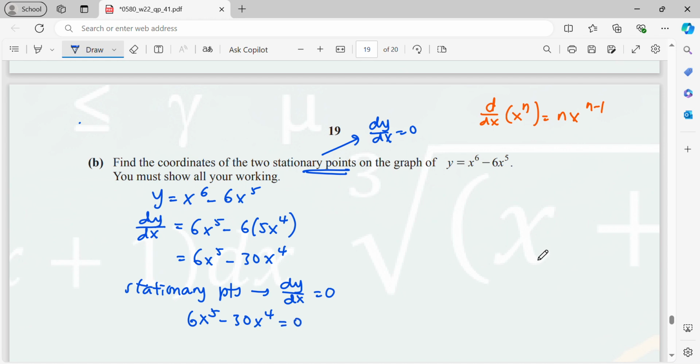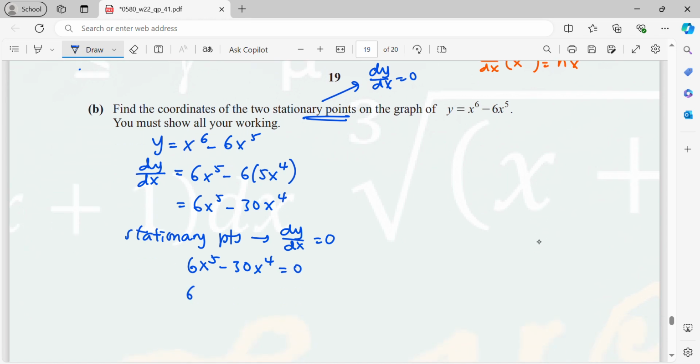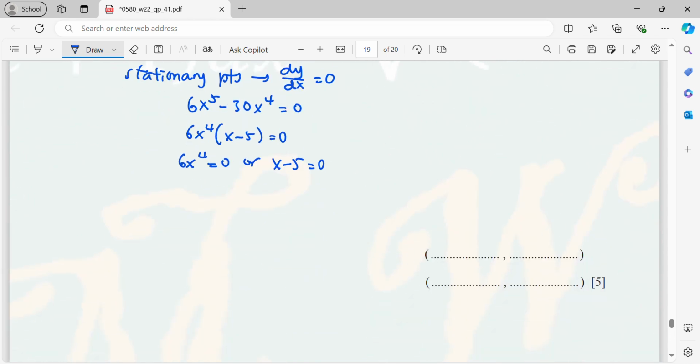The common term will be 6x^4, then I will get x minus 5 equals 0. Now look at the question. Two stationary points means that you are expected to get 2 x values. So 6x^4 equals 0, or x minus 5 equals 0, which means x equals 0 or x equals 5.